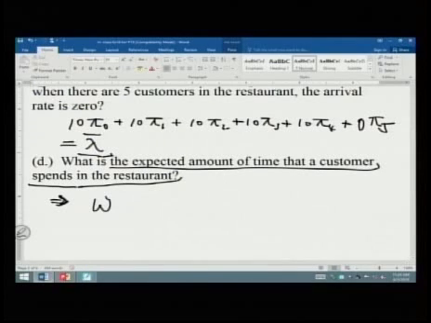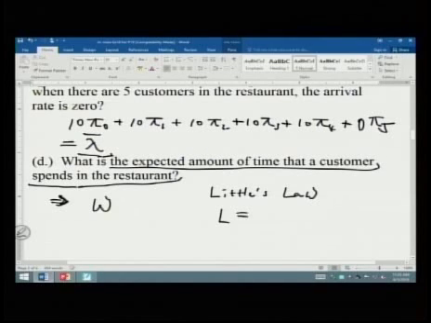And I have to tell you that there is a very famous theorem which is called Little's law. According to Little's law, L is equal to lambda bar times W. Okay?